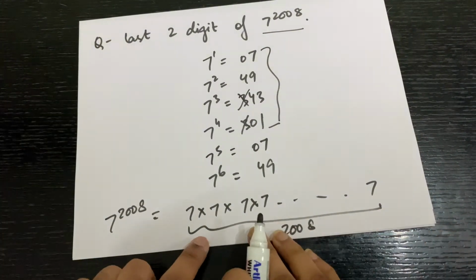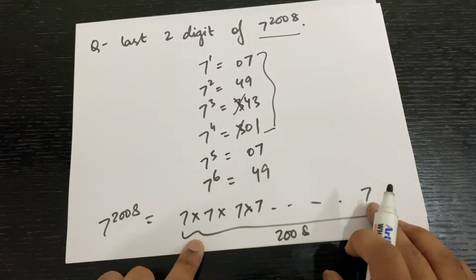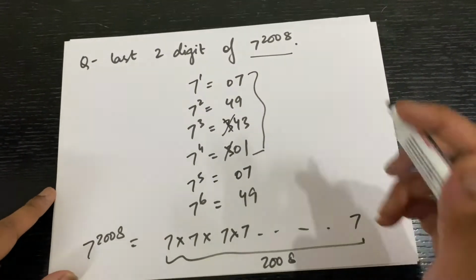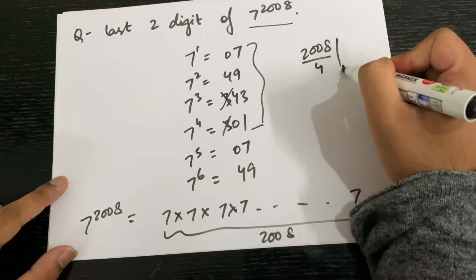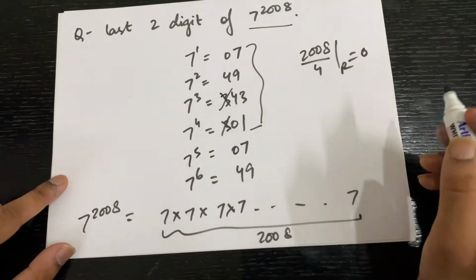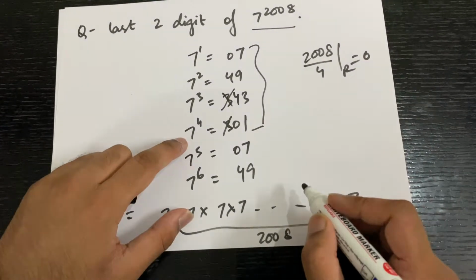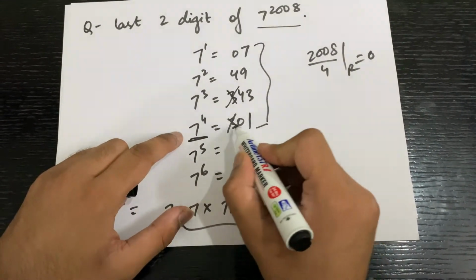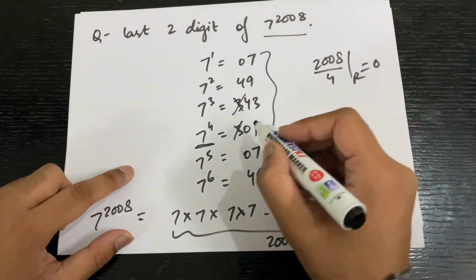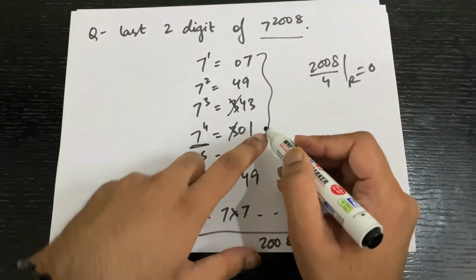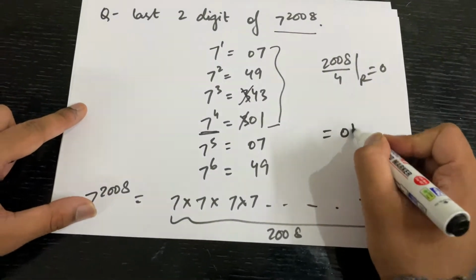So we have to see at what cycle the last 7 comes. If we divide 2008 by 4, we can see the remainder is 0. That means the last cycle ends at 7 ki power 4 ka some multiple. So the last two digits of this number are 01.